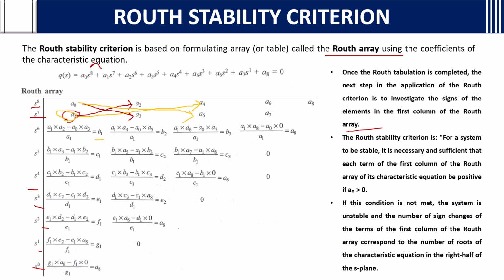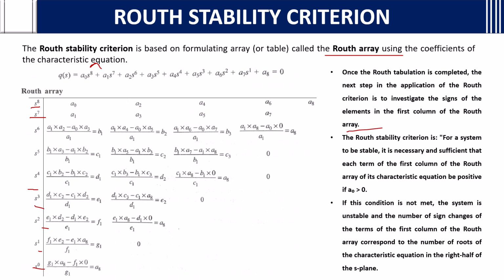Okay. Then again, what you will do: a1 into a6 minus a0 into a7, divided by again a1. So like that you need to crisscross, multiply and subtract. See, again, last you have a0, a1 into a8 minus a0 into 0, as there is no next value, it is 0. a1 into a8 minus a0 into 0, divided by a1.